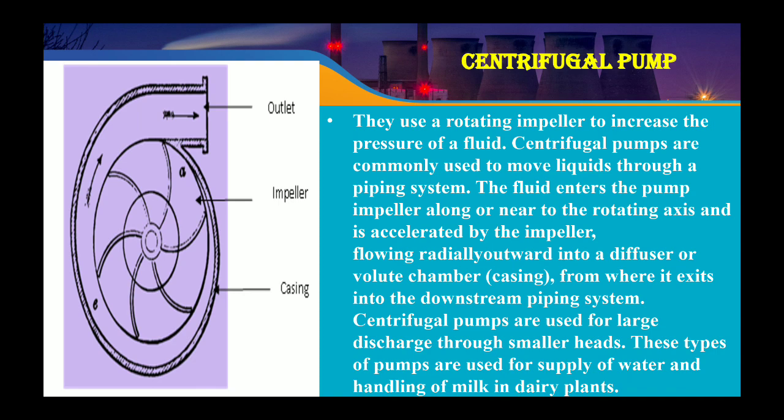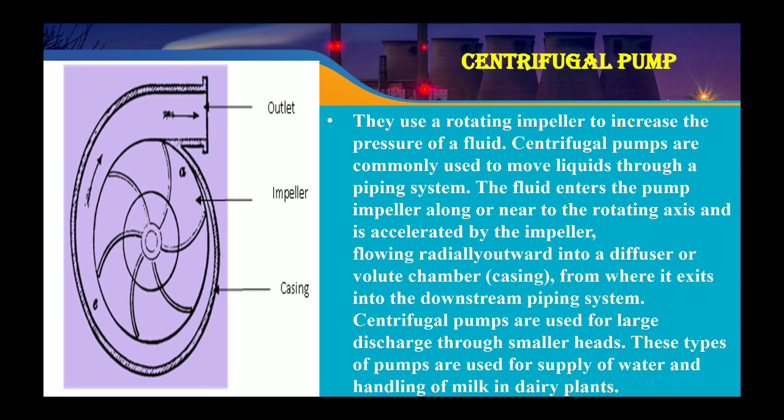and it flows radially outwards into a diffuser or volute chamber, that is the casing. Here you can see the casing or the volute chamber or a diffuser, which extracts the water from the impeller, from where it exits into the downstream piping system.